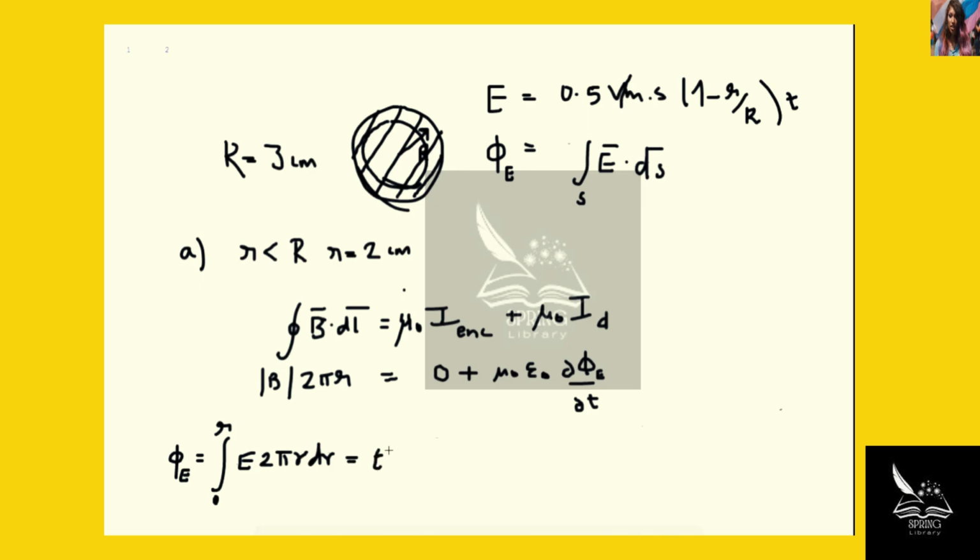That gives us t comes out as usual, 0.5. 2 pi also comes out of the integral. We integrate 1 minus r over R, times r dr. So integrating this, we have t pi.